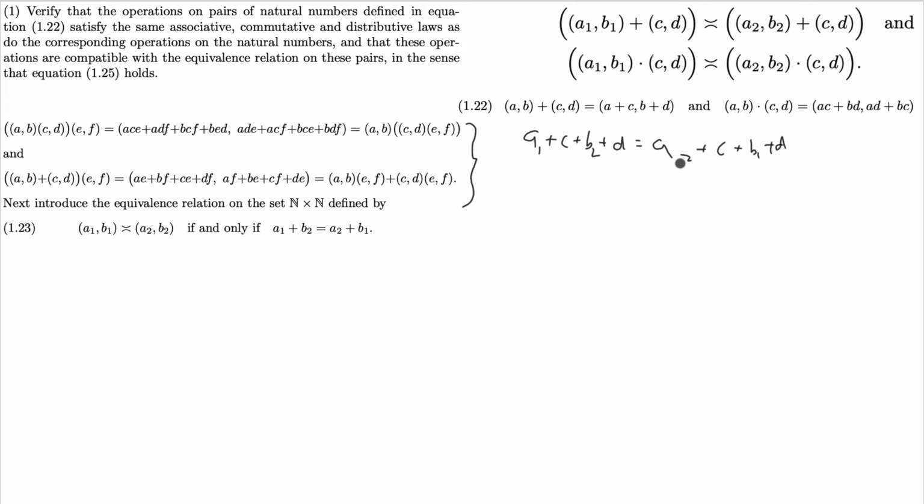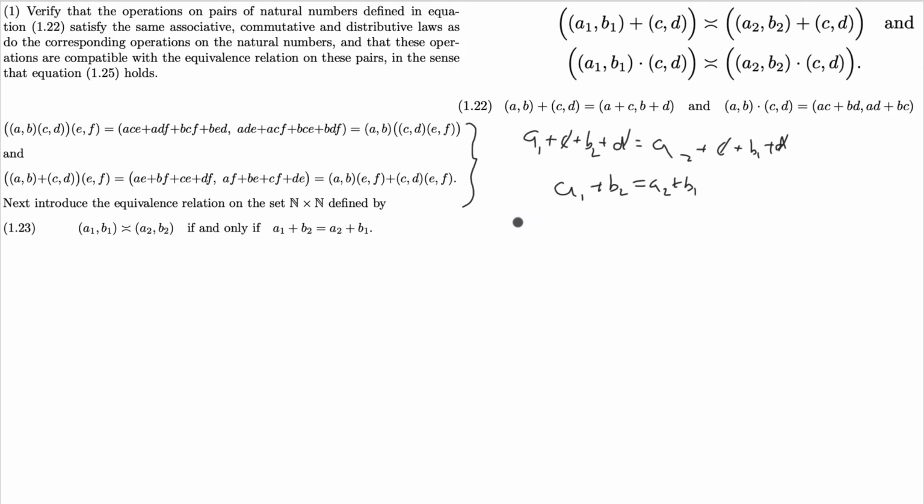And if we apply cancellation, these c and d are reflexively equal to each other. This is equivalent to checking that a1 plus b2 is equal to a2 plus b1. But we know this is true because we are given that a1, b1 and a2, b2 are equivalent. So that gives us the first one, and then we can check the second one by applying the definition.